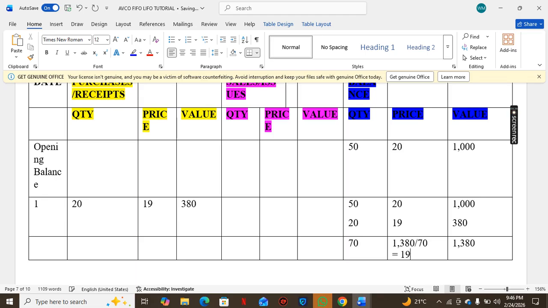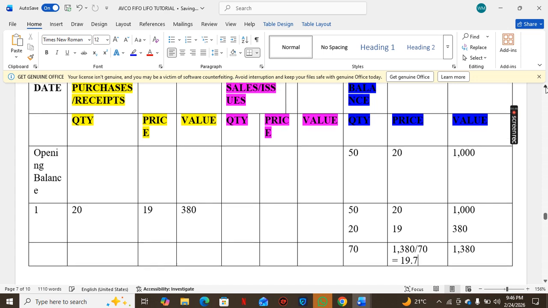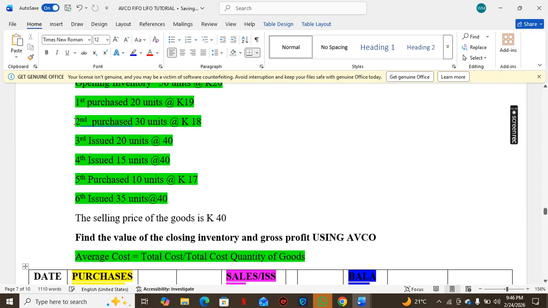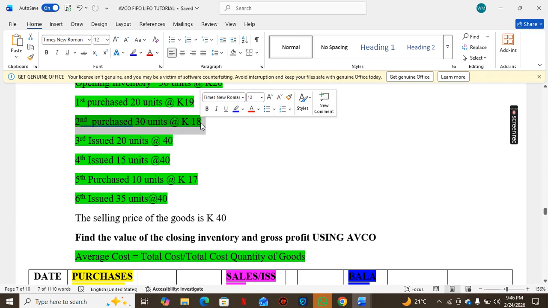Colleagues, any questions? Okay. Again, on the second, we purchased 30 units at 18 kwacha.